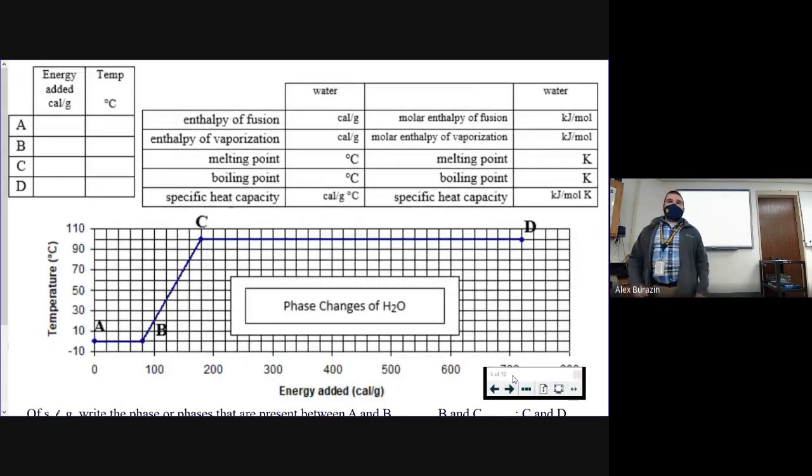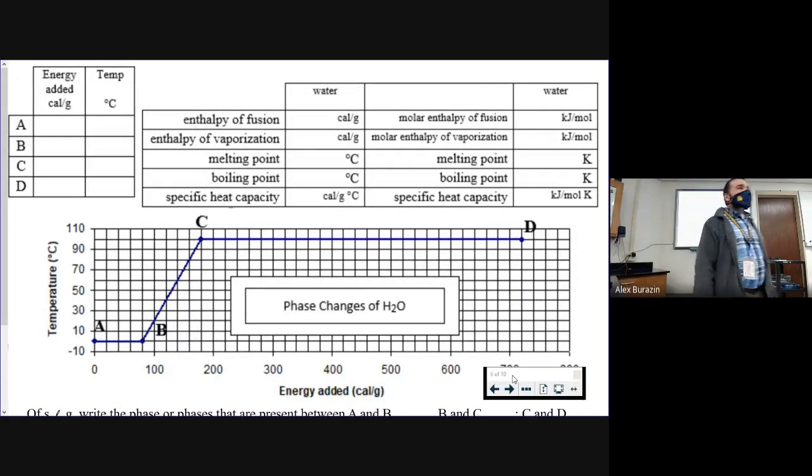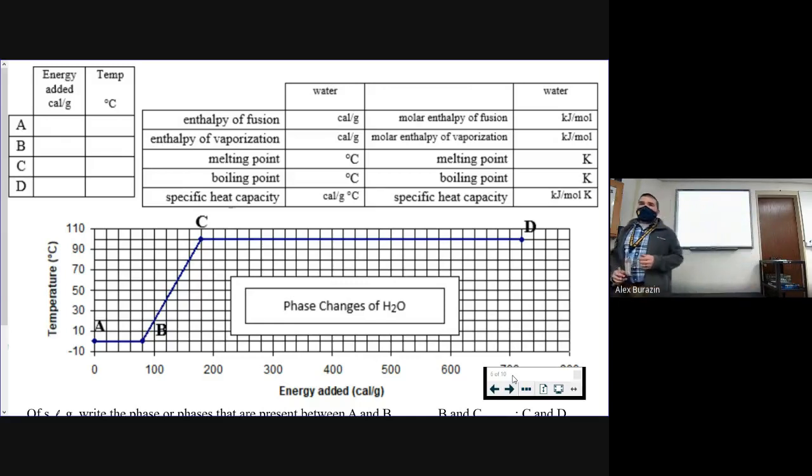Here's another graph. What I'd like us to do is fill out all of the information in the data table. Okay. I have over here 4 data points listed on this graph, A, B, C, and D, 4 different points. This energy added is your X value.